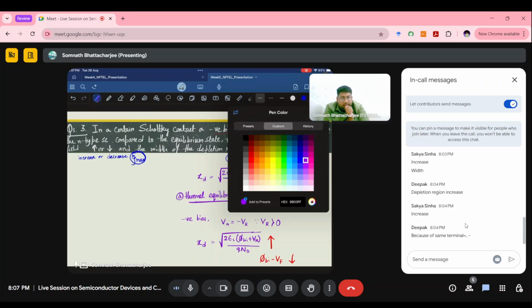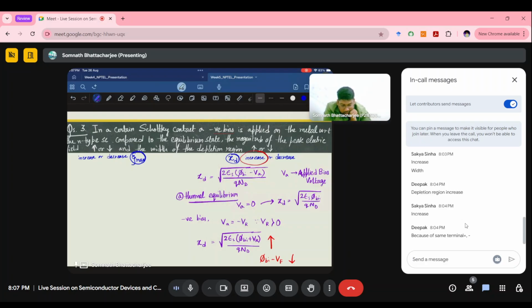what would happen in this case? Now we know that psi max is nothing but q N D xd by epsilon s. Now, what do you think will happen?